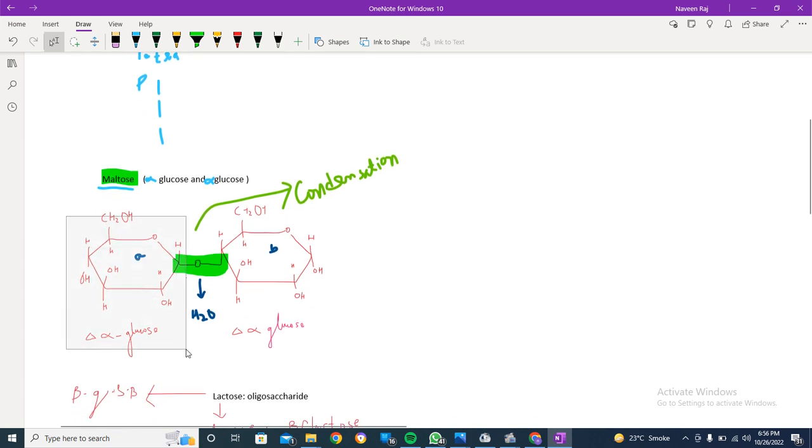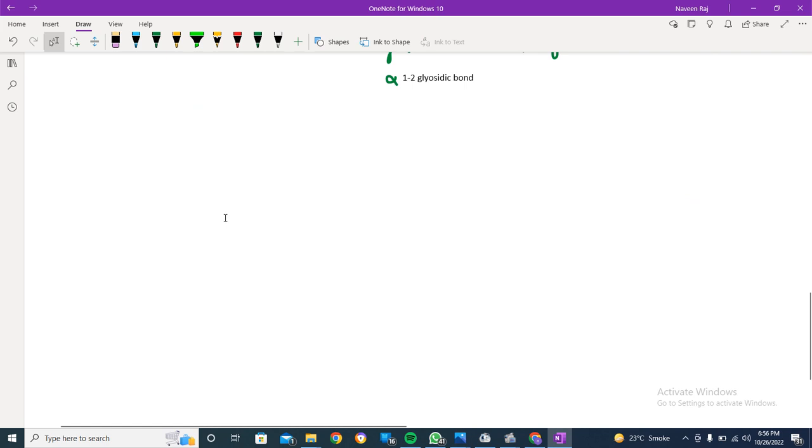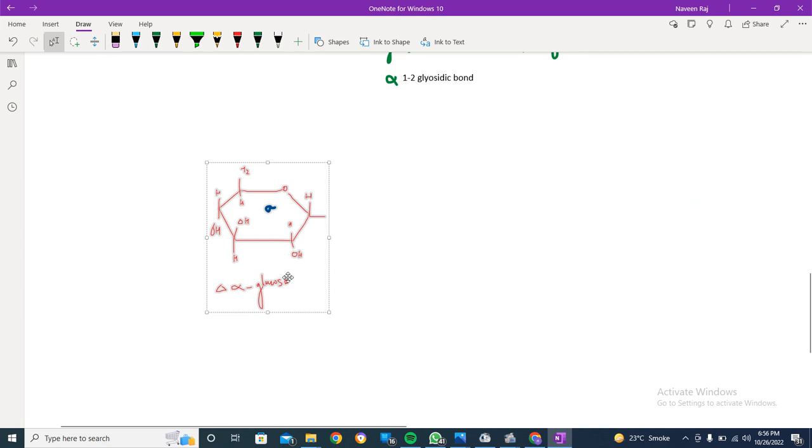This is the alpha glucose structure. We have discussed this structure many times, and I'm not drawing it again because that consumes time. You have a special video for the structure, so don't panic about it.